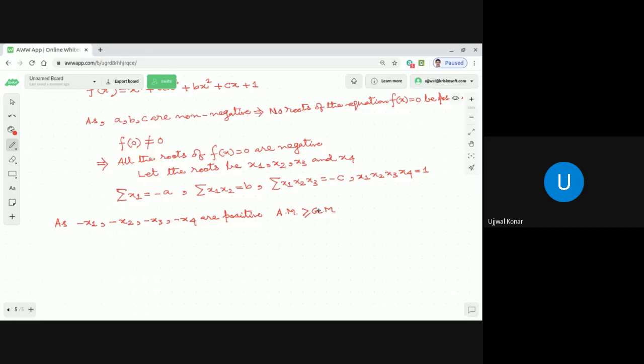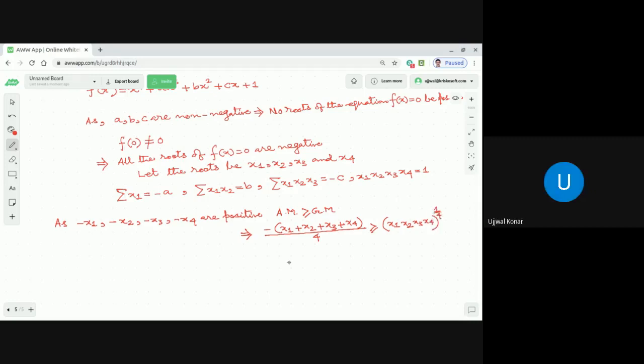Minus of (x1 + x2 + x3 + x4) divided by 4, correct now? This is greater than or equal to the geometric mean, which is ((-x1)(-x2)(-x3)(-x4)) power 1/4. That means actually it is (x1 x2 x3 x4) power 1/4.